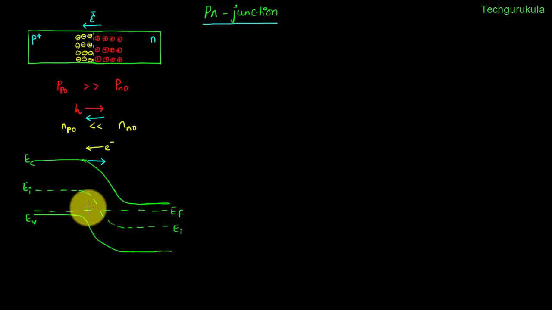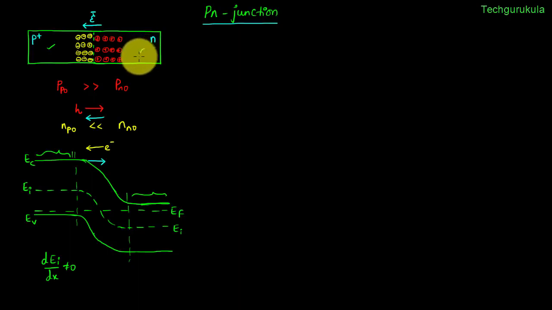Now let us check the relevance between the energy band diagram and what we discussed about the carrier movement. There will be electric field if dEI by dx is not 0. In these two regions, the EI is constant, which means slope will be 0. So we can say the electric field in the bulk of P and bulk of N would be 0.